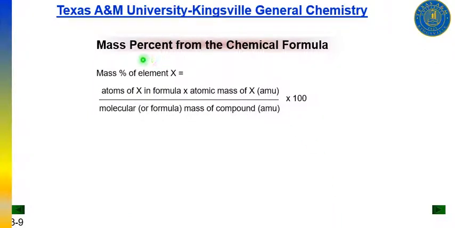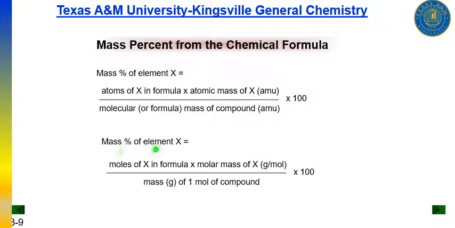Followed by, we are going to determine the mass percent from the chemical formula. Mass percent of the element X equals the atoms of X in your formula multiplied by the atomic mass of X, divided by the total molar mass of your compound, and then you multiply by 100%.